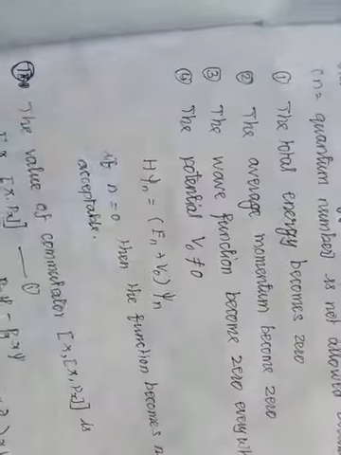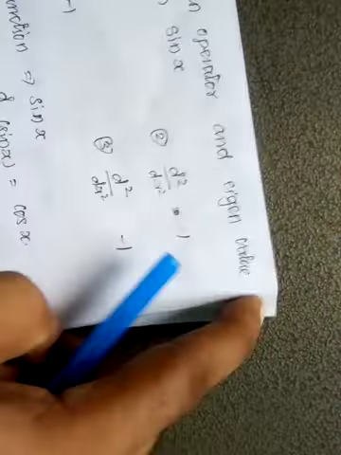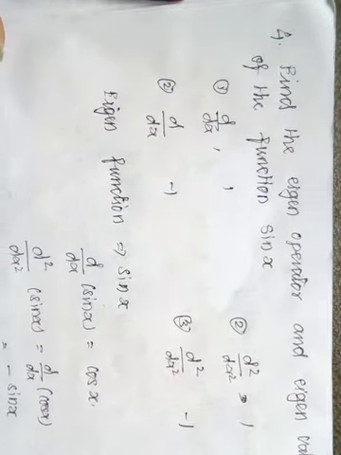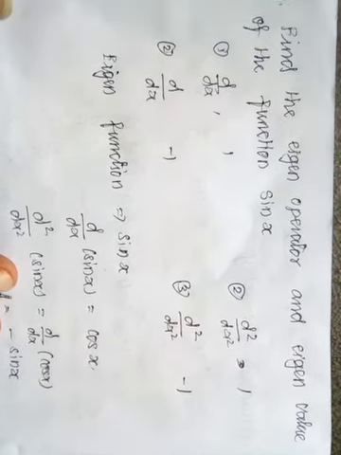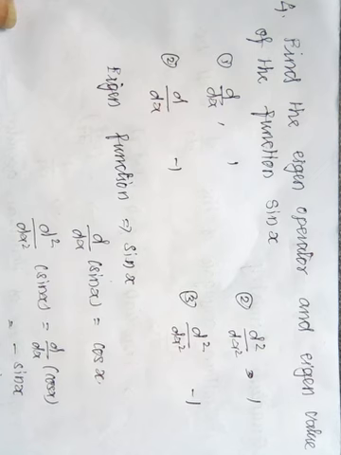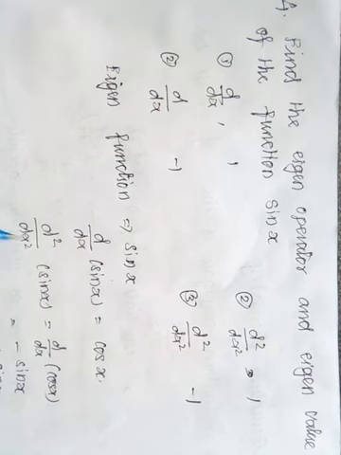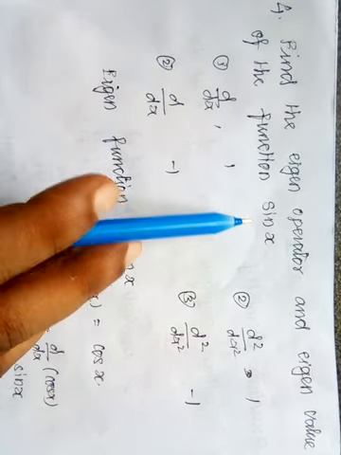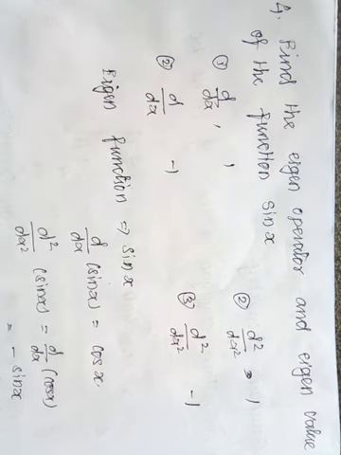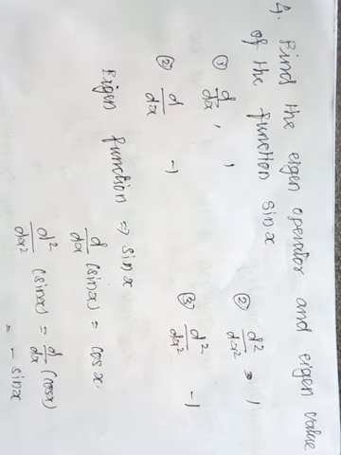Now the next one, find the eigen operator and the eigenvalue of the function sin x. This kind of question has been asked in previous competitive exams, so I have given it here. So here sin x is the wave function. They have asked about the operator and the eigenfunction, eigenvalue.